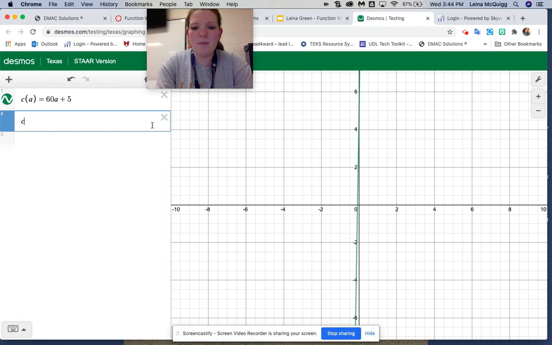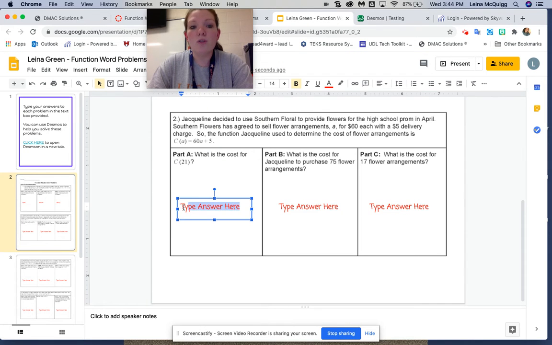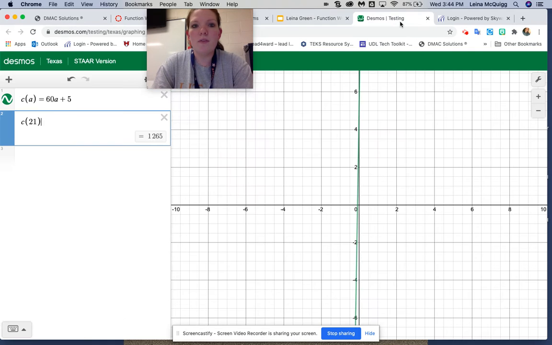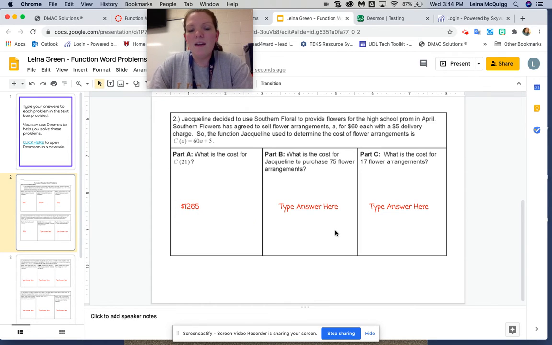So on the next line, I'm going to write C of 21. $1,265. So the cost for 21 flower arrangements is going to be $1,265. So I'm going to put my dollar sign first. $1,265.